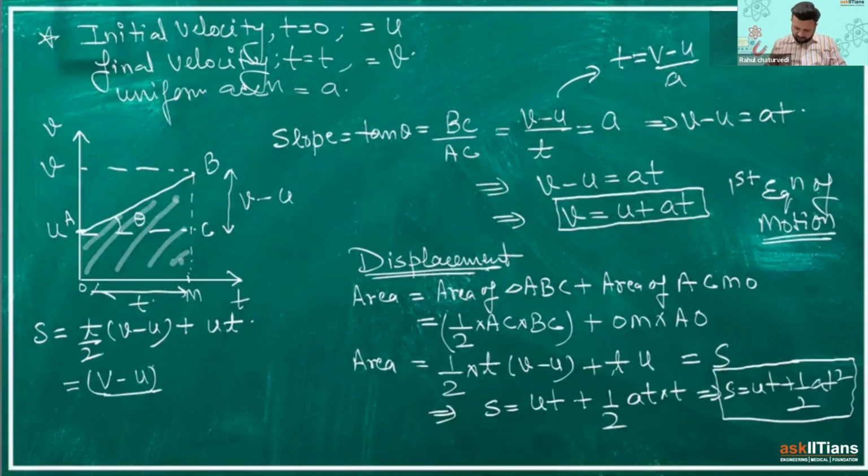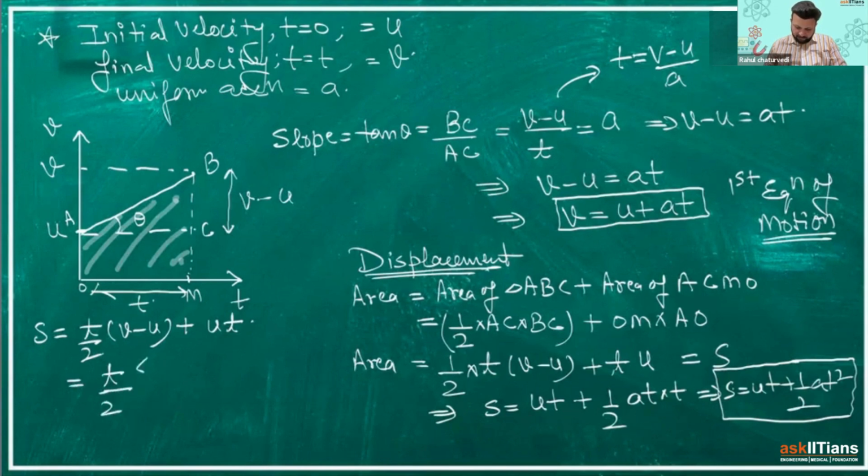So this will be V minus U into T by 2 plus UT, and we can take T as common, or you can take T by 2 as common.